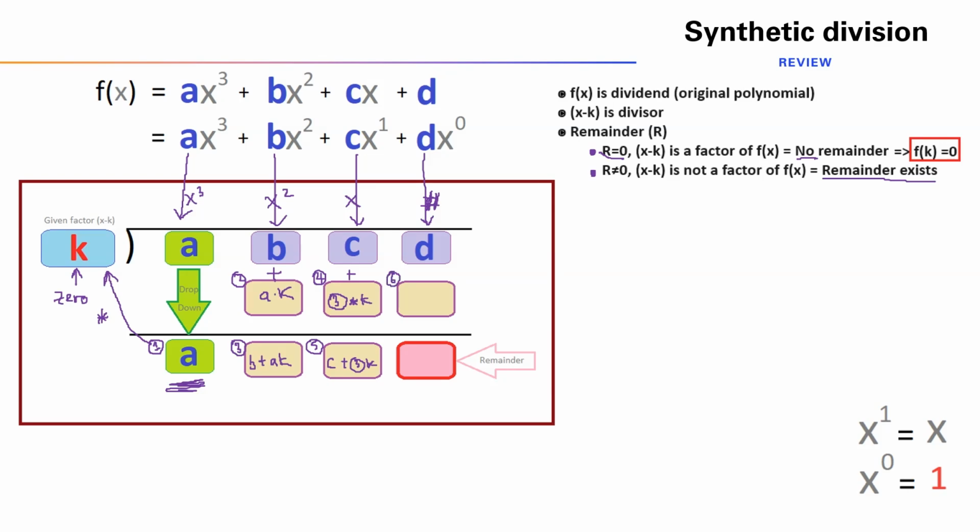The sixth box is the fifth box multiplied by k, and then we still add it in the column. So the last column, the last box right here is the remainder. And if it's 0, then k is a 0 of f of x, and x minus k is a factor of f of x.